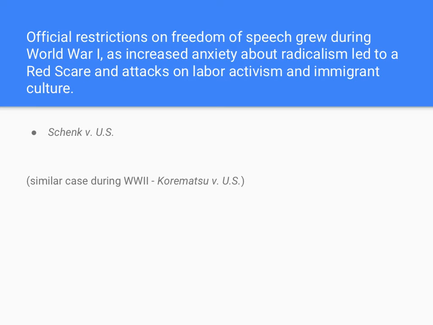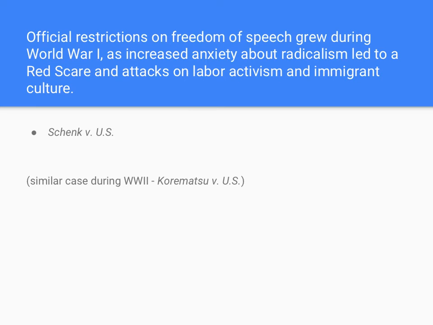And so there was a man by the name of Schenck who was publishing anti-draft pamphlets, and he was convicted under the Sedition Act, and he argued that this was a limitation of free speech. And free speech is, of course, protected by the First Amendment. And so he argued that the Sedition Act basically went against the First Amendment.